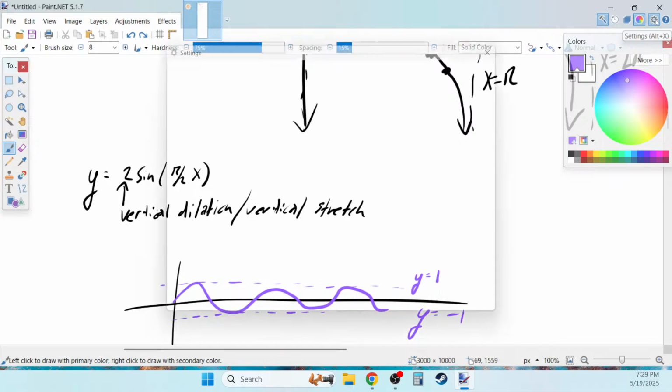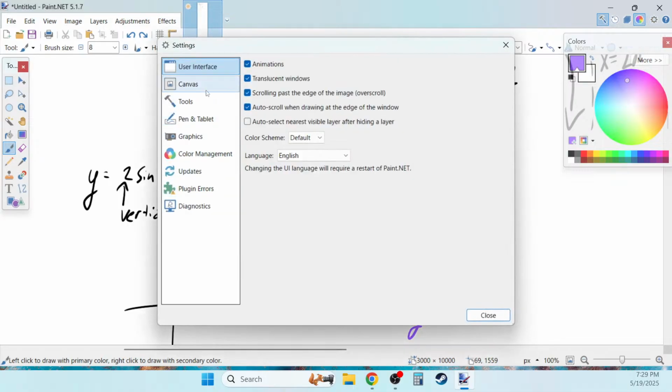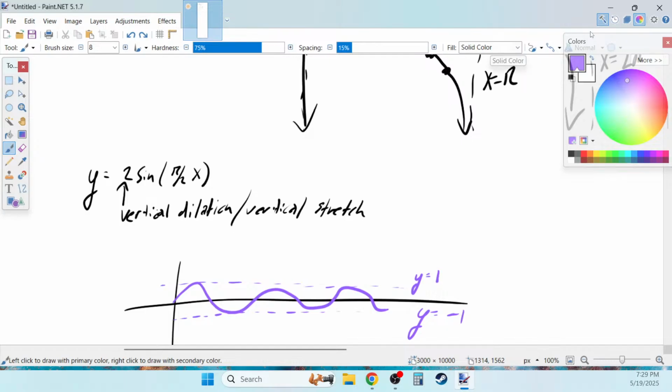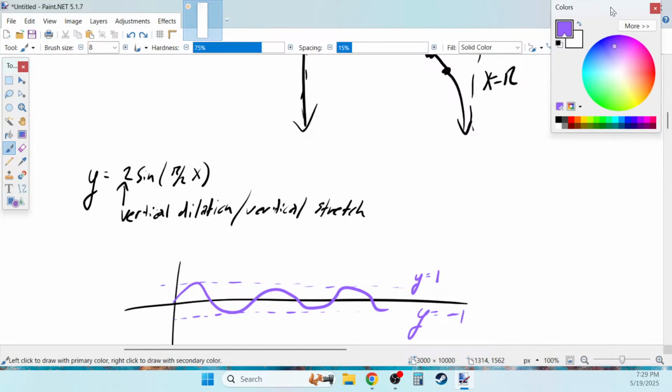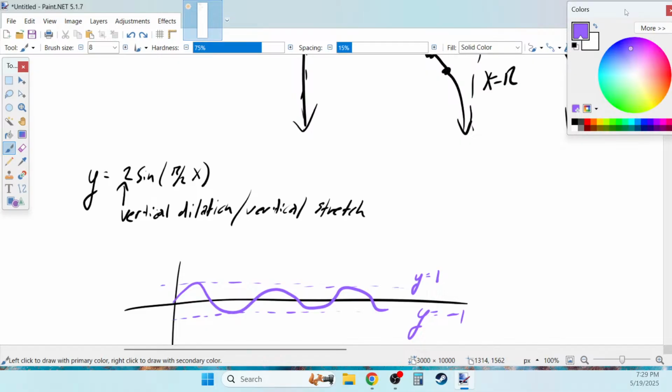Yeah, setting. Auto scroll when drawing an edge. Let's get rid of that. Should get rid of that noxious effect. Now let's see if I draw straight to the edge. No more auto scrolling.